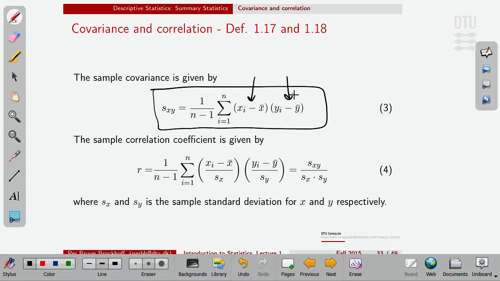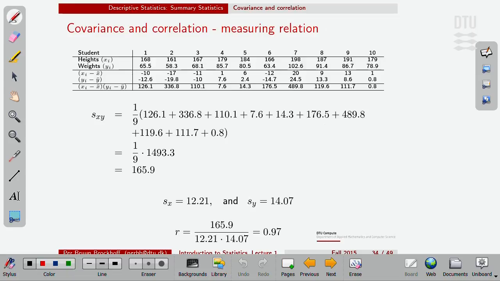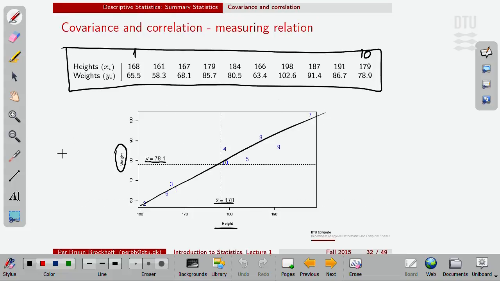No, I actually have a nice slide showing it. Then I'll show you the other formula in a sec. I'd like to show you the plot here. These four guys down here are both low on the height and the weight, right?